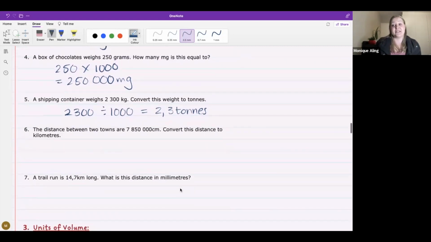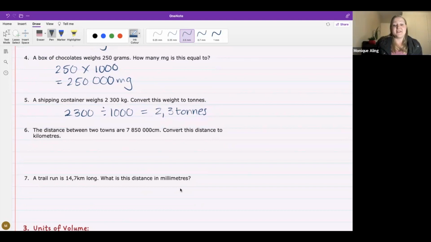And then, guys, I changed things up a little bit with questions 6 and 7. Went back to distance. The distance between 2 towns is 7,850,000 centimeters. Convert this distance to kilometers. Ben, yes. What did you do and what did you answer?